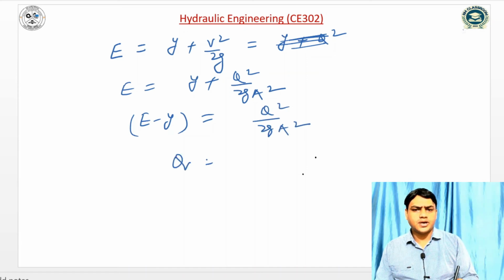So Q can be written as A into the square root of 2g into E minus y.